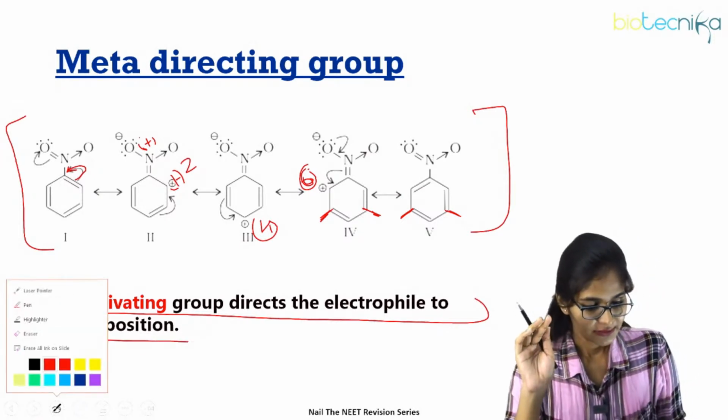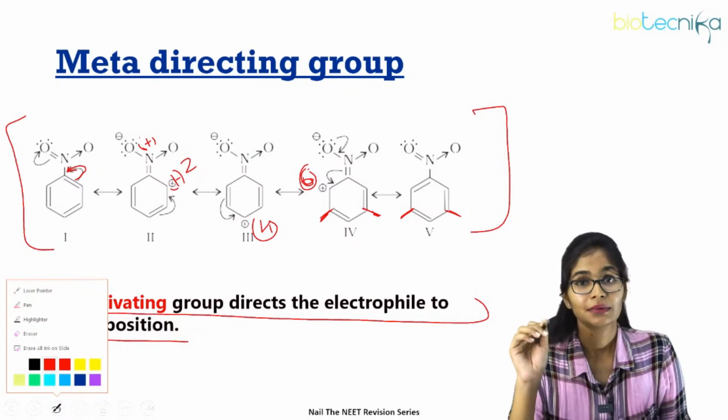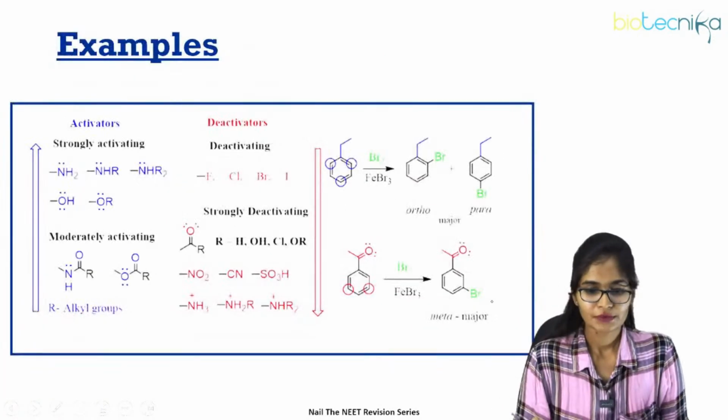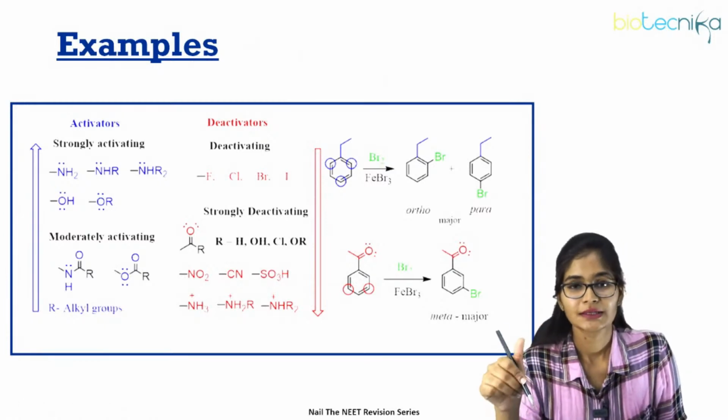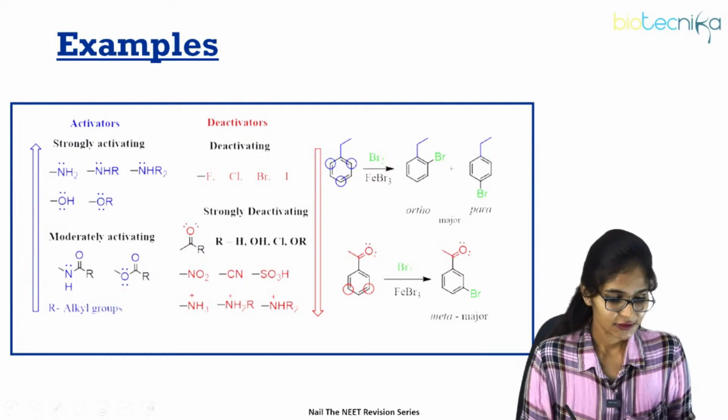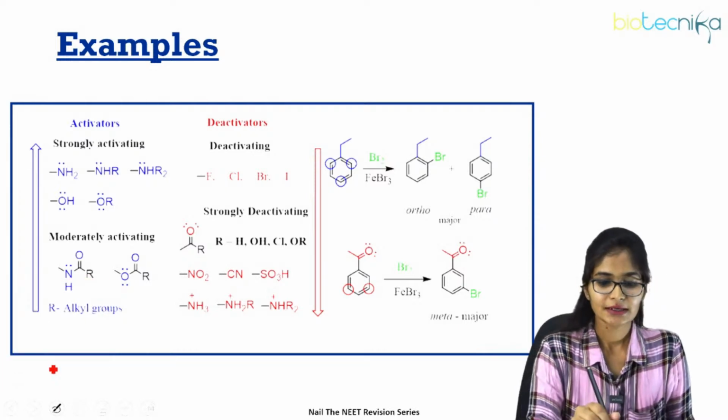So now with this, I am ending aromatic hydrocarbons, and now you have to solve a few problems with respect to this aromatic hydrocarbon chapter. And overall I have given the examples with respect to activators and deactivators.